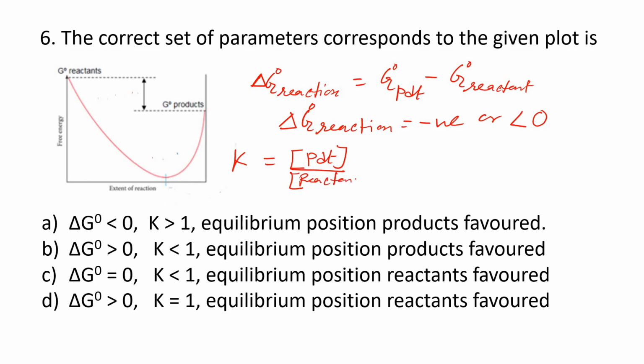So when it is close to the product, that means the numerator will be more, so here K must be greater than 1. And in this reaction, product is favored. So, what is the condition? Delta G is less than 0, K is greater than 1, equilibrium position, products favored. So, this is the correct answer, right?